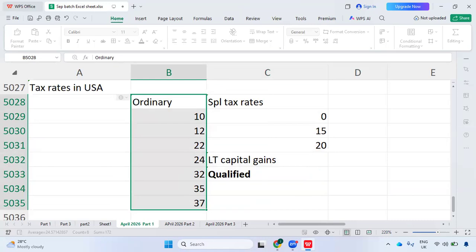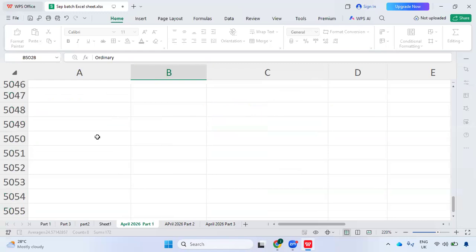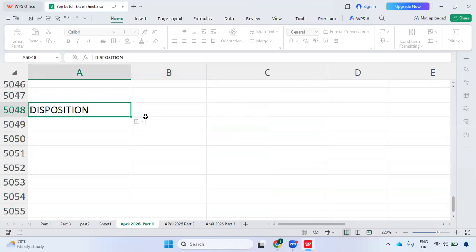Okay, right? Now we understand long term and short term. The next important terminology is disposition. In Indian tax we call it transfer.